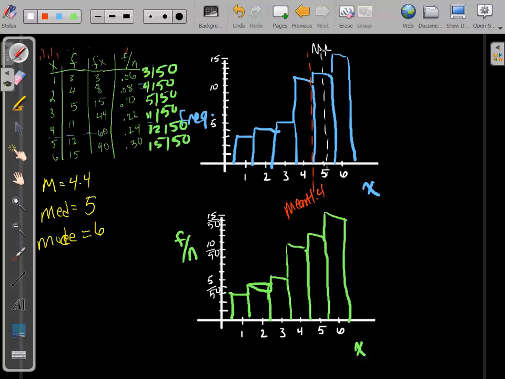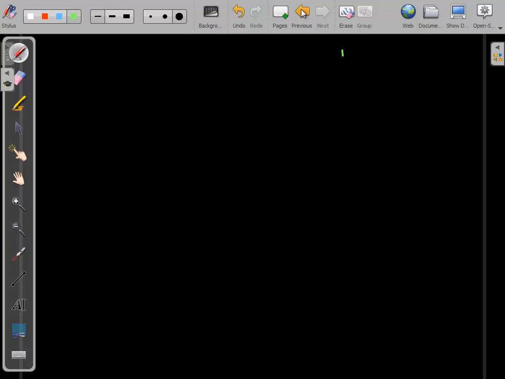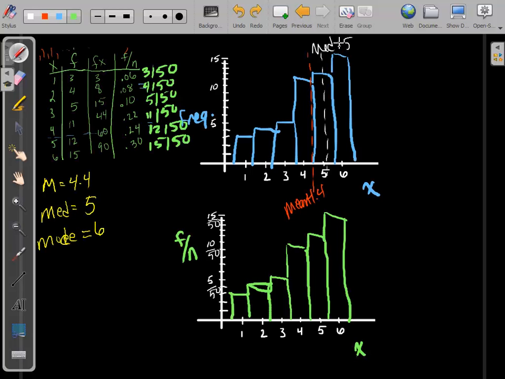So that's our median, 5. And then in this green, I'm going to put the mode in at 6. Accidentally erased my page. Mode equals 6.